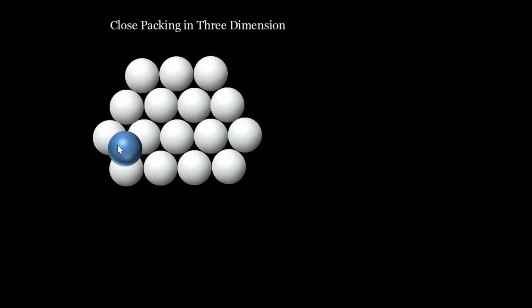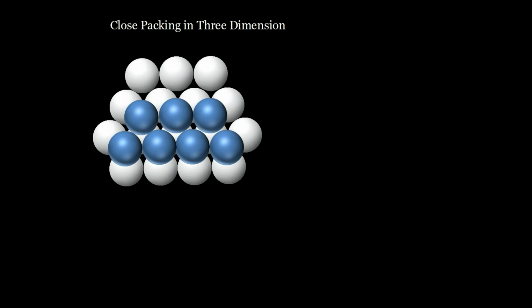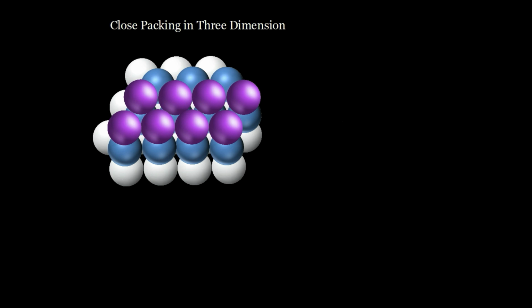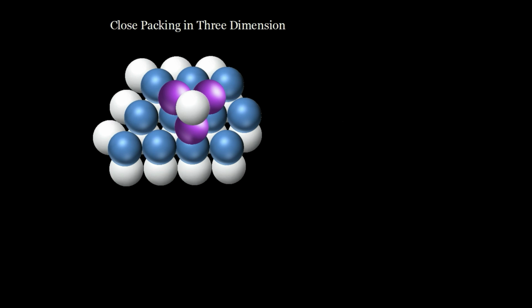Now again we start with the 2-dimensional hexagonal close packed arrangement, and we place the atoms of the second layer on the triangular voids, and now we have octahedral voids. We are going to place the atoms of the third layer above the octahedral voids. You get an arrangement like this.